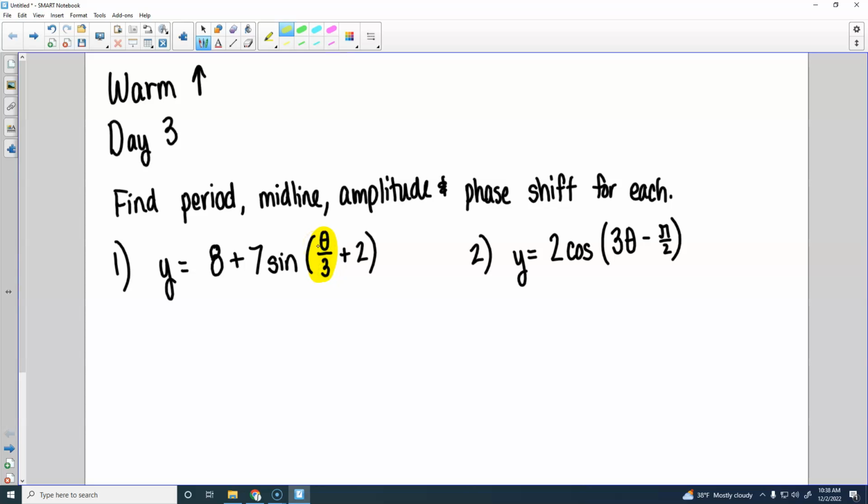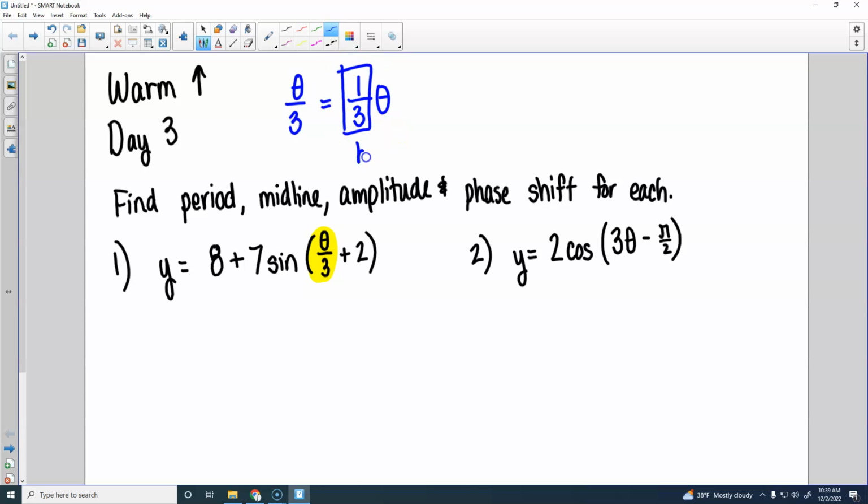What is that? It's theta over 3. It's the same as 1/3 times theta. So whenever you see it written like this, theta over 3, it can be written as 1/3 theta.